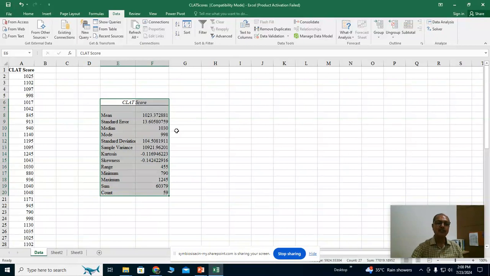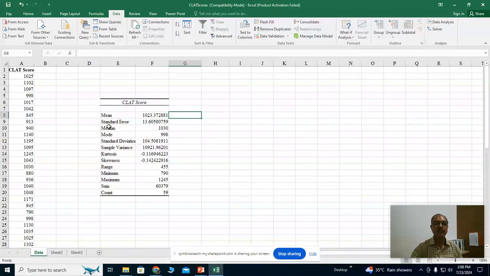So here, if you want to calculate individually, like for your requirement, if you want the separate calculation to be done, that is also possible here. Select the cell where you want to have the information. Like if you want to calculate the mean, just put the equal sign.